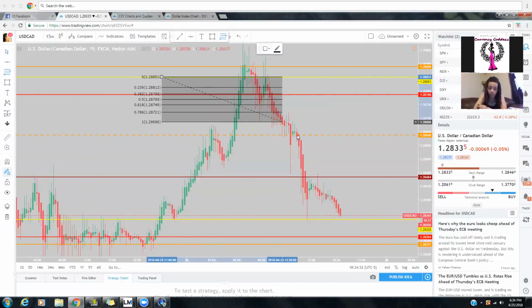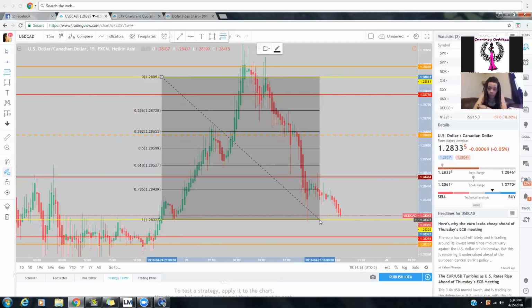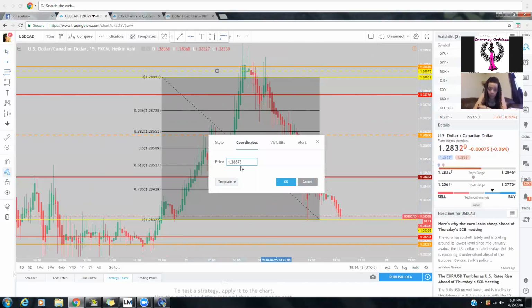So when we're going on a sell, we always want to start at the resistance and go all the way down to the support. And so that's going to be 128.8651.